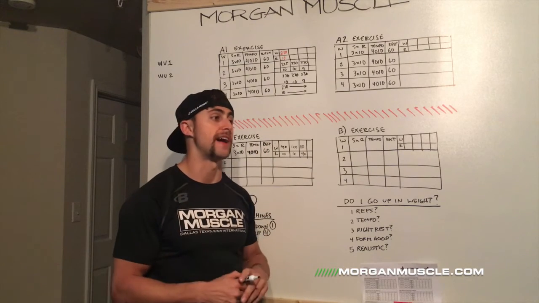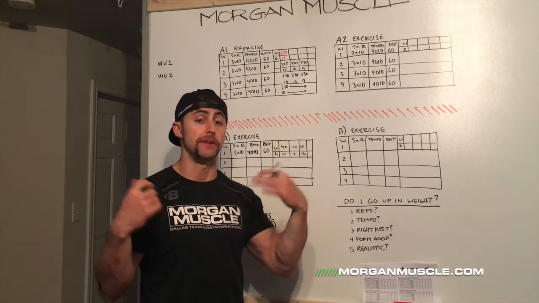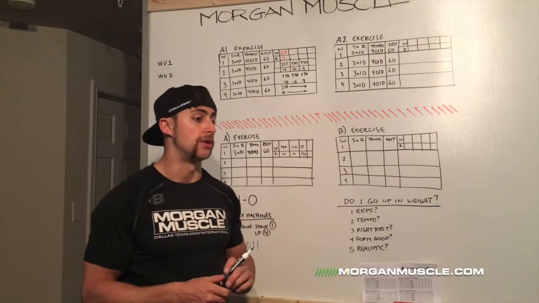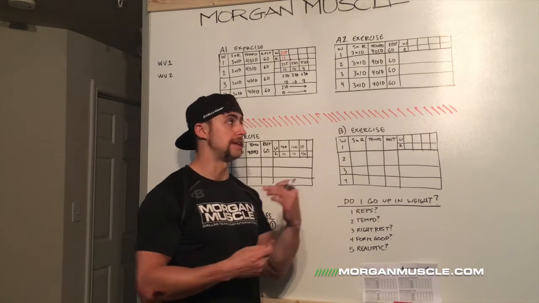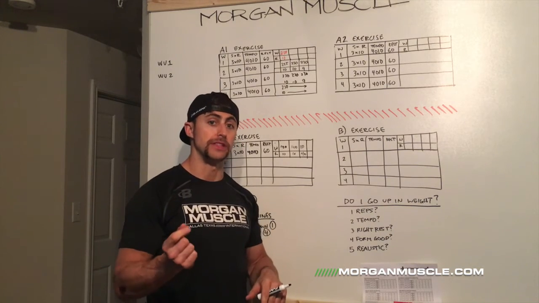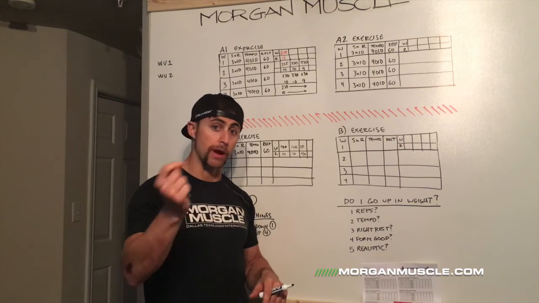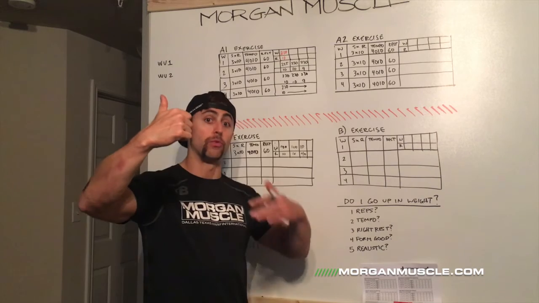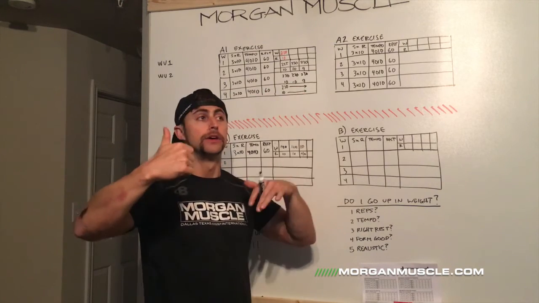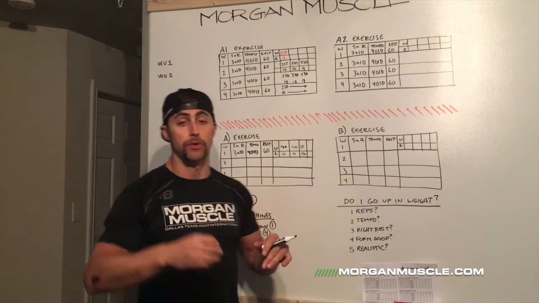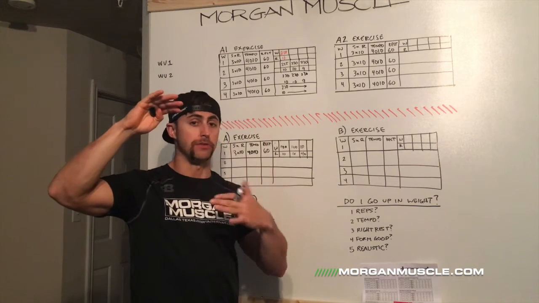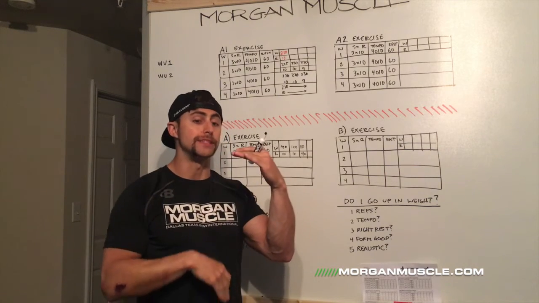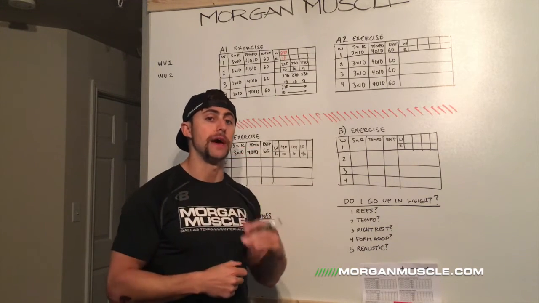So let's say you're doing 5 sets of 5, or maybe if it's even a bigger program where you're doing 6 sets. Well, you're going to need a little bit more warm-ups because the reps are lower. When the reps go down, the weight goes up. If the weight is high, you're going to have to warm up to that weight. So in this example, the reps are kind of high, so the weight's going to be relatively low. You won't need as many warm-up sets to warm up to that weight.